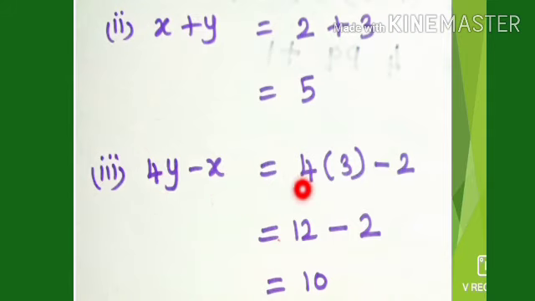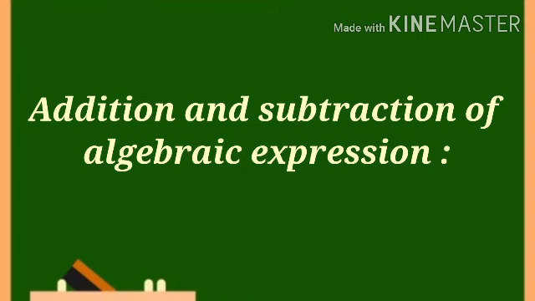In the next step, what will we do? Replace each variable by the given numerical values to obtain an arithmetical expression. So 4 into the value of y, which is 3, minus the value of x, which is 2. So 4 into 3, 4 threes are 12, minus 2. 12 minus 2 is 10.